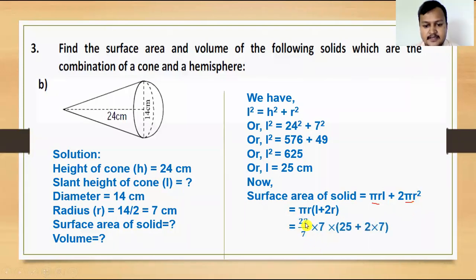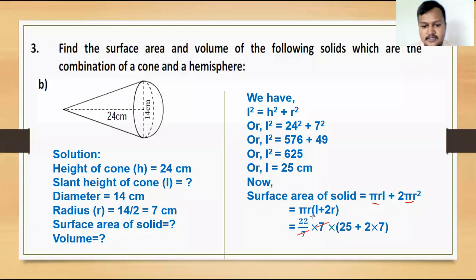So value of pi is 22 by 7 into r is 7 times L is 25, 2r again 2 into 7. 7 and 7 cancelled. Yes, sir. These two are cancelled. Remaining value inside the bracket: 25 plus 14. 39, sir. 39 into 22.